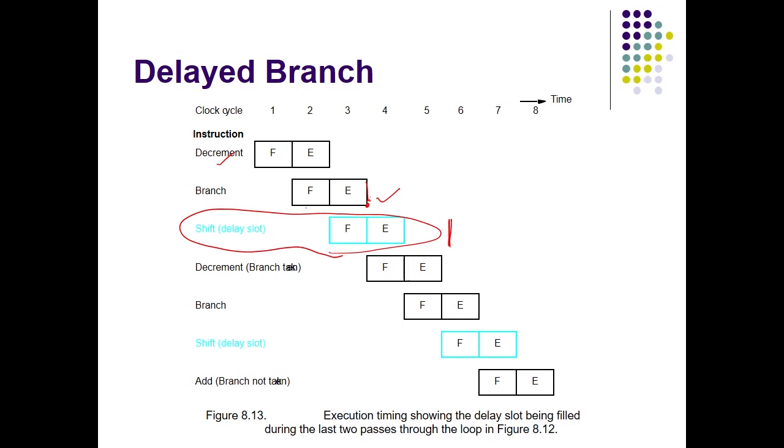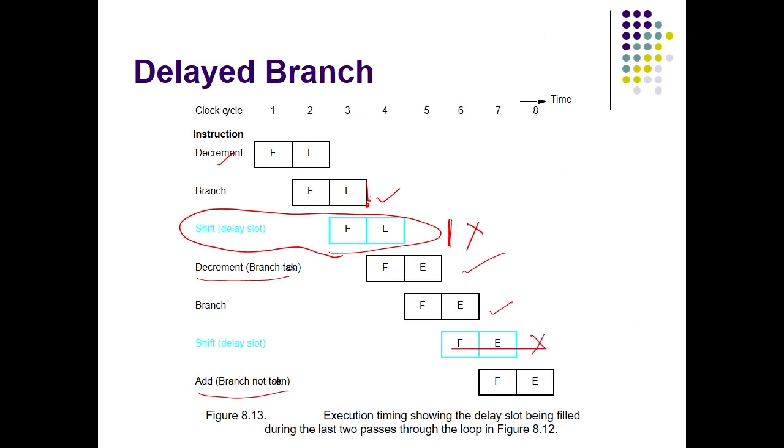Then if the condition is satisfied, meaning it needs to execute once more, what will happen? It will again go to the decrement and branch, it will decrement again and let it go here, and after the branch it realizes it should execute sequentially. So obviously after that it will execute the add part. No need to discard this part, no need to discard this part.